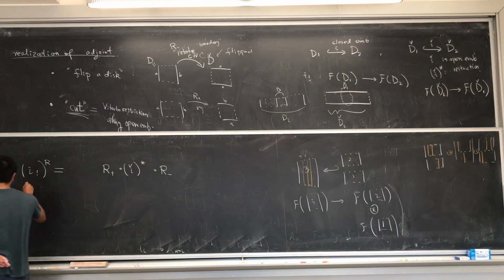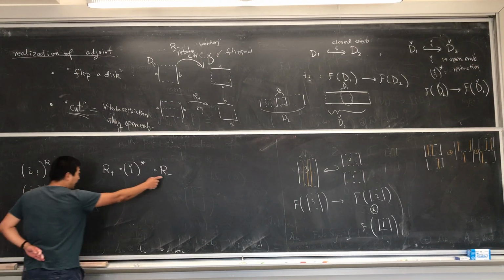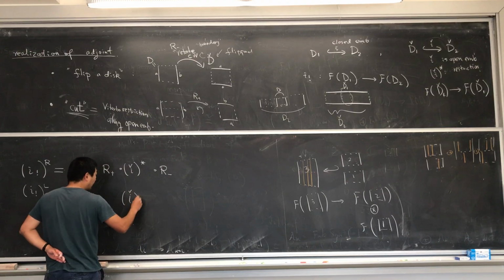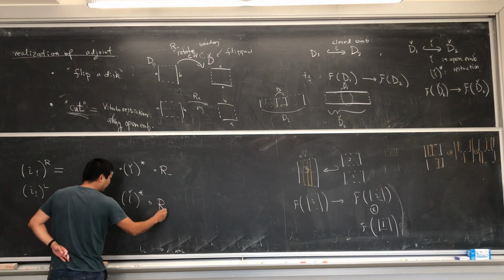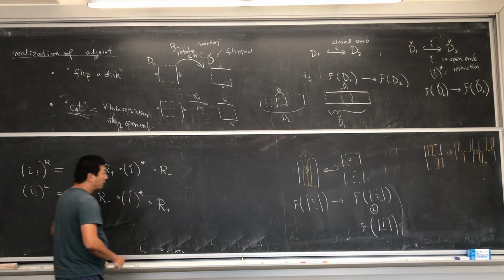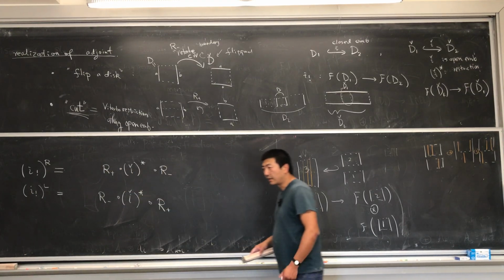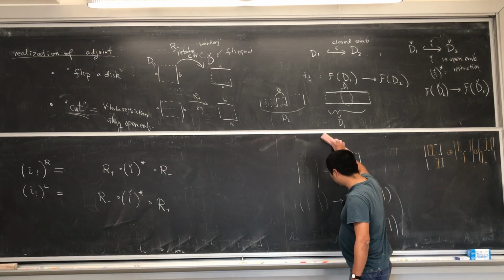And if you care about the left adjoint, you just change the way you conjugate. So these are the adjoints for the inclusion.